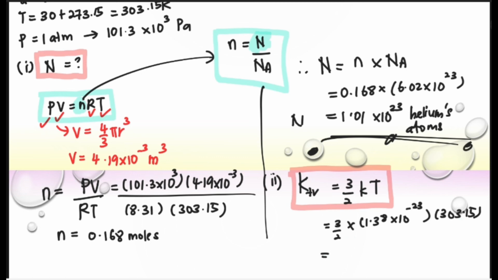Okay, so kita tekan calculator 1.38 exponent negative 23 times 303.15 times 3 over 2. So the answer is 6.27, ataupun 6.28. Sebab 6.275 ni saya dapat. 6.28 exponent negative 21 joule. Okay, so this is the answer. Alright, so finish question number 5.